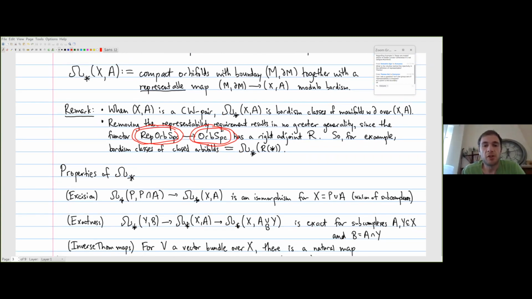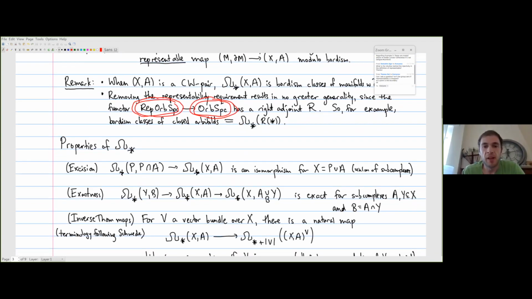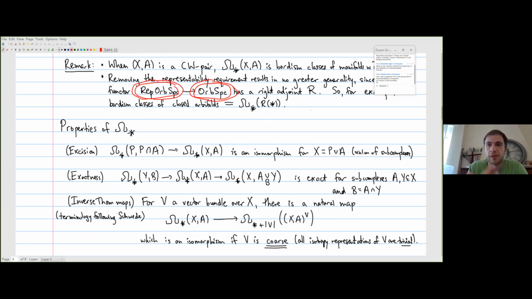There are so-called inverse Thom maps. This is Shveda's terminology. So if you have an Orbispace X and a vector bundle over it, well, first of all, you can form the Thom space. That's this thing over here, the relative Thom space of V. And if you have an orbifold mapping to X, then you can pull your vector bundle V back to that orbifold and take its Thom space.